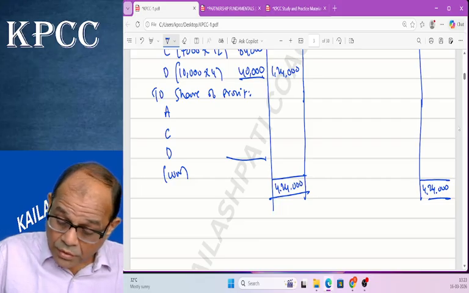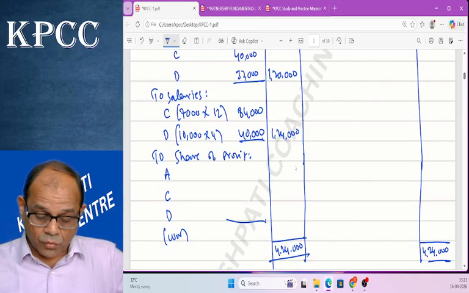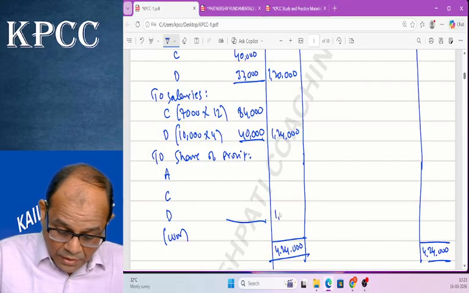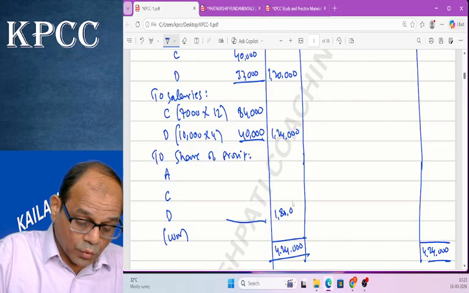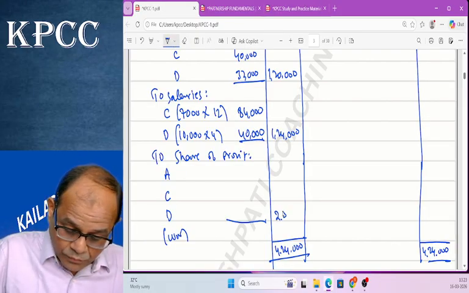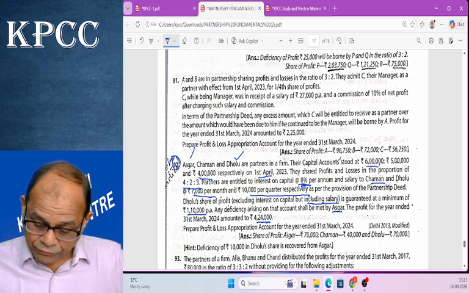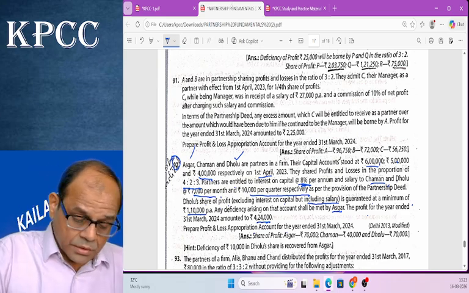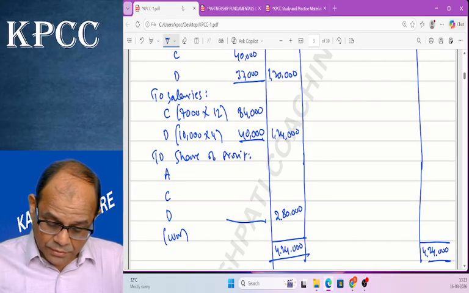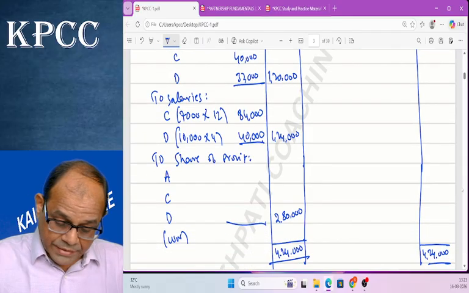So 4,24,000. Now what is the balance profit? This is 1,20,000 plus 1,24,000, 2,44,000. So 1,80,000. Is it 2,80,000 or 1,80,000? 1,80,000.